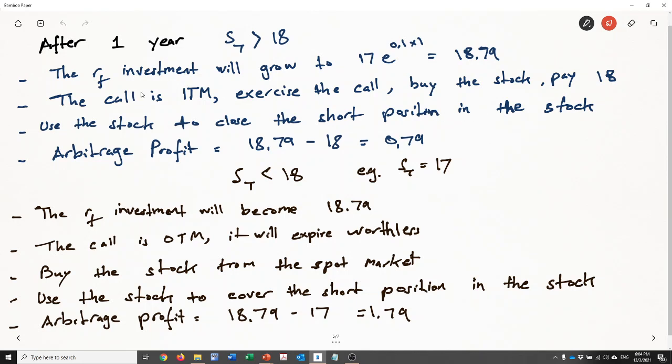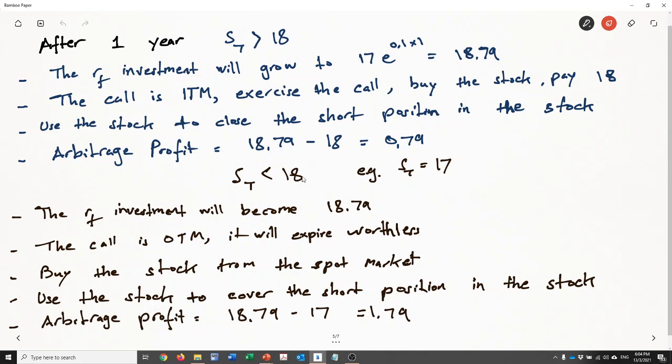This way I have completed all the transactions related to the arbitrage. So I calculate my arbitrage profit. It will be 18.79 minus 18, and the net riskless profit will be 0.79.